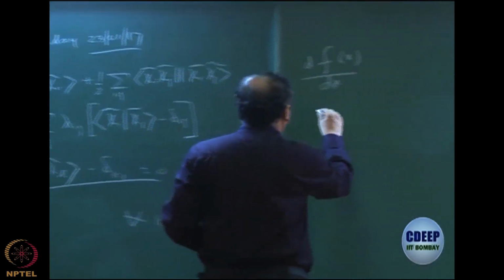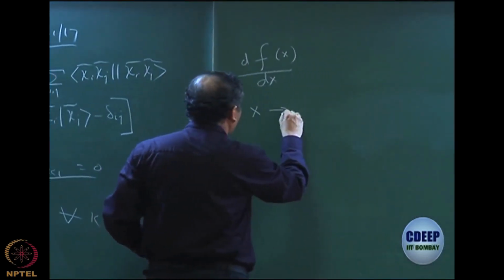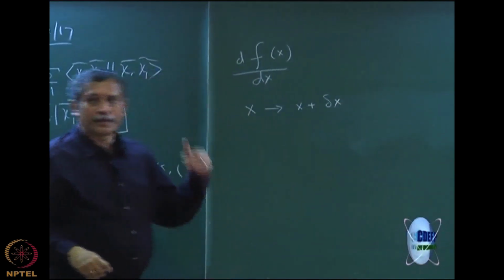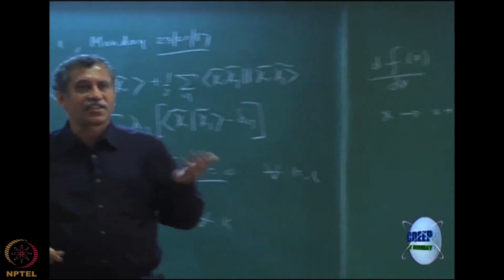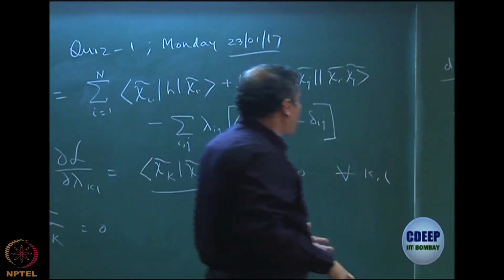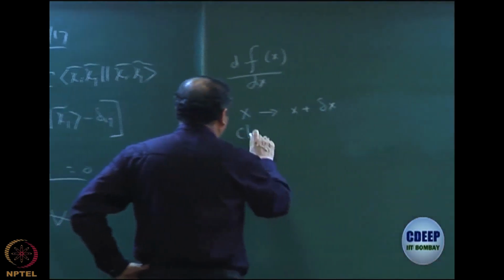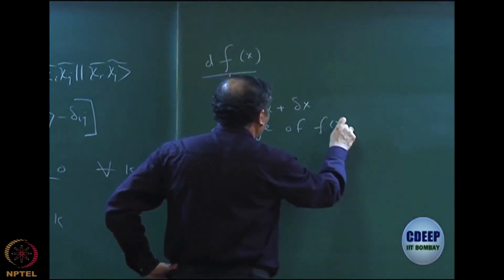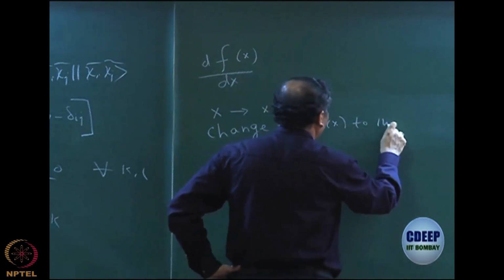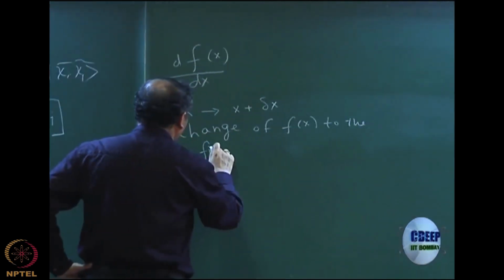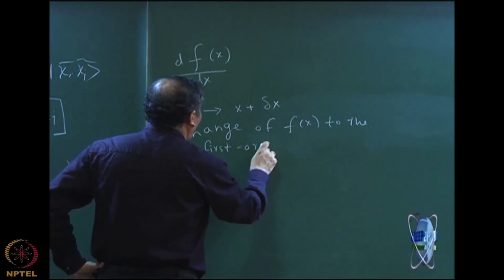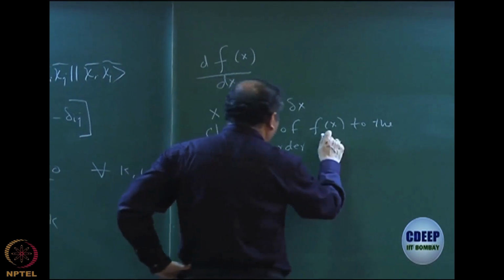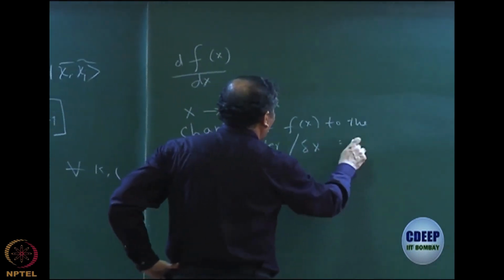One way to look at it is that as you change x to x plus delta x, some infinitesimal quantity, f of x changes. The change of f of x to the first order, which is the order of delta x to the first power, divided by delta x, is equal to df dx.